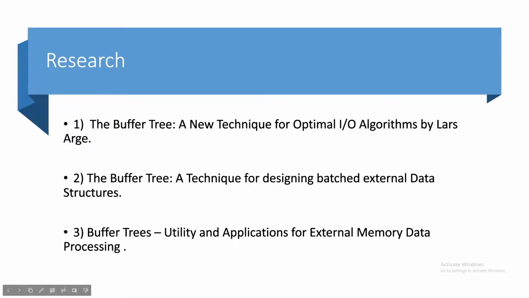It also describes in detail how buffer trees are constructed, how nodes are entered, and how some basic processing operations are performed on buffer trees like search and insert, how internal and external memories are used together, and how buffer trees save operations by first buffering them and then processing them in batches.